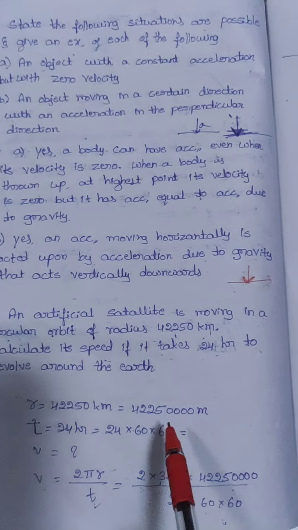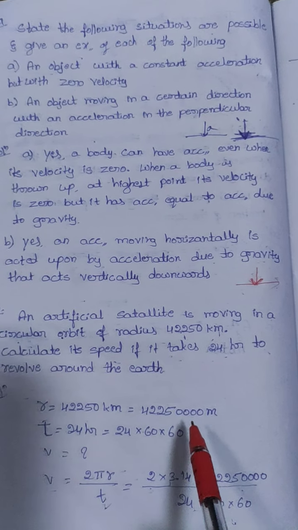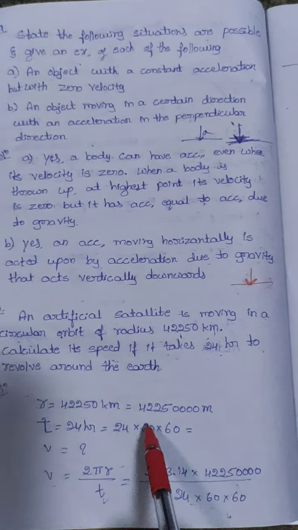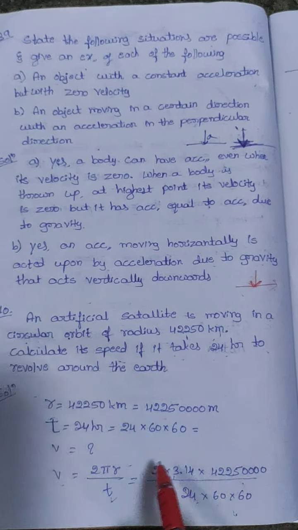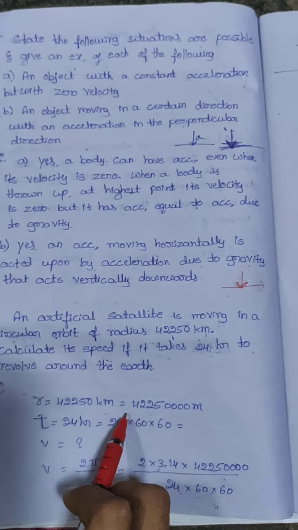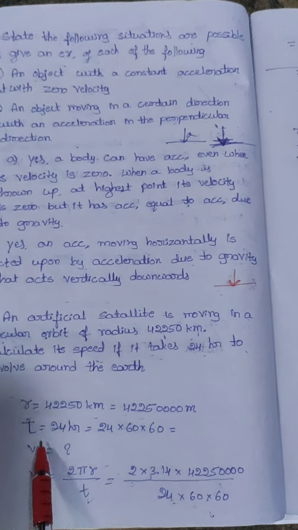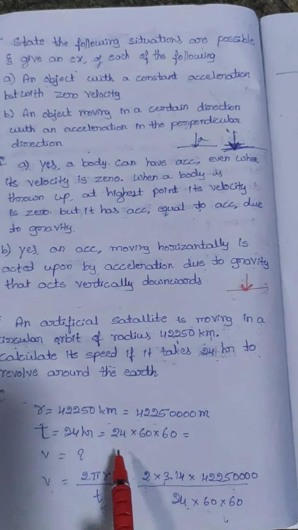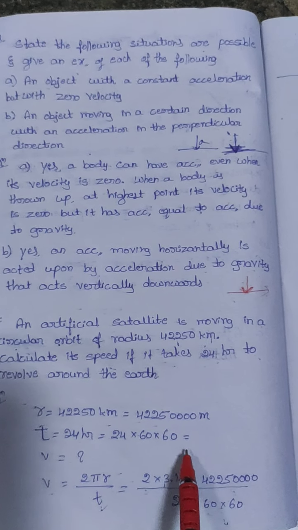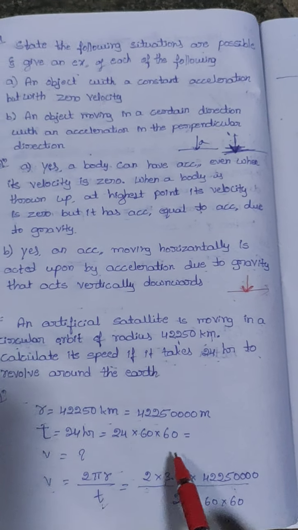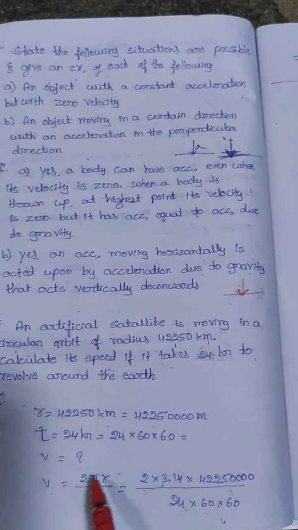So here we have 42,250 kilometers. We convert that into meters, that is 42,250 multiplied by 1000, and the time of 24 hours we have to convert into seconds. So velocity is equal to question mark.